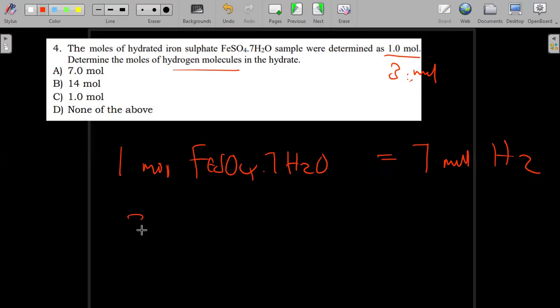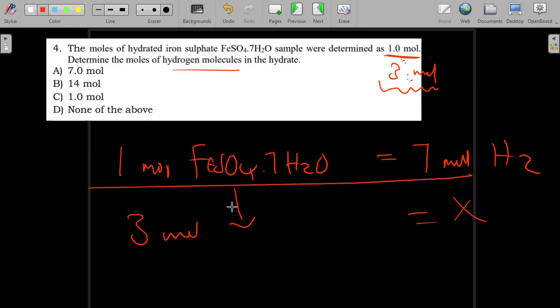What about if I have 3 moles of this whole thing? How many moles of hydrogen molecules am I going to have? Take note of the number that you've been given there as well. There we have been given 1, no wonder we're just going direct. But if it's another number, first of all you have to make this assumption and then find the exact moles that will be in that number.